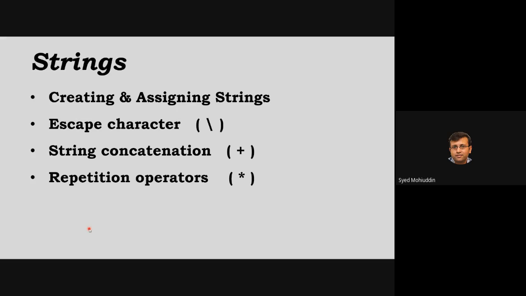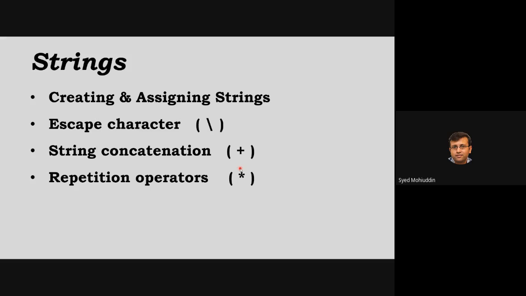So for example, if I say MJCT, and the asterisk here is a repetition operator, MJCT multiplied by 3 means MJCT will be repeated 3 times.